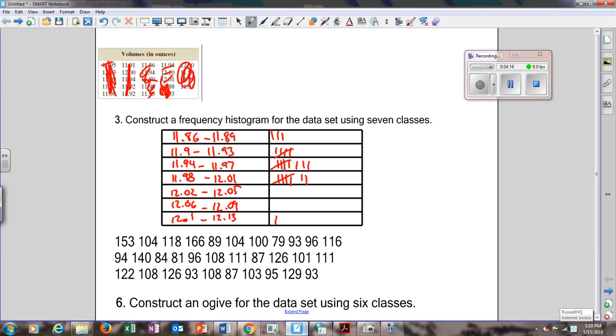All right, so that should be all of them. So our frequencies are 3, 5, 8, 7, 0, 0, 1.